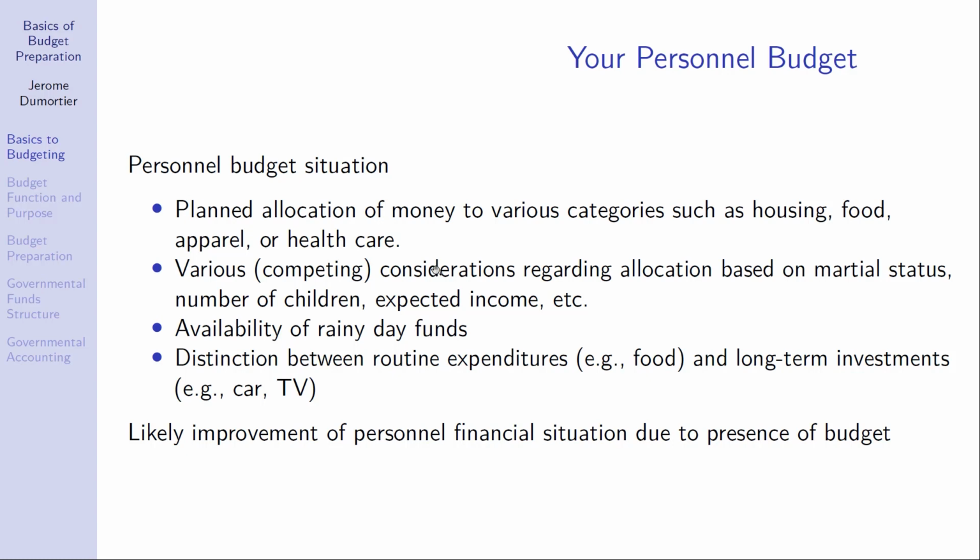Most likely, you are also going to make the distinction between routine expenditures, recurrent budgets, for example, for food items, as opposed to long-term investments, such as purchasing a new car or purchasing a new TV. If you're putting a personal budget together, this will likely improve your financial situation because of the budget. The same is true for governments.